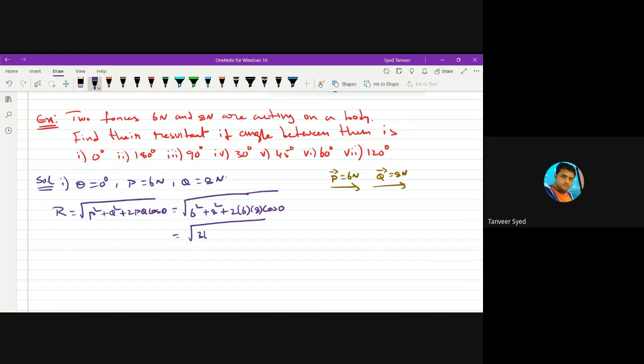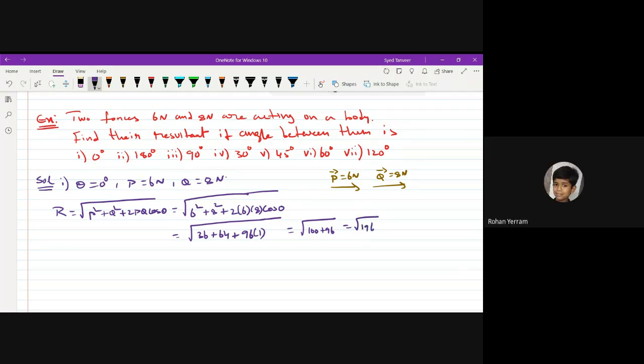Root of 36 plus 64 plus 2 into 6 into 8, which is 96, cos 0 is 1. So this is 36 plus 64, which is 100, plus 96, 196.